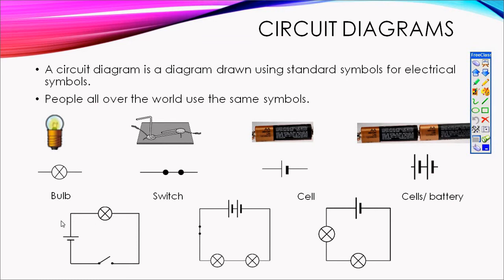So just make sure that you see the difference between the kinds of switches here. Okay, so remember now, normally a circuit, if you see the circuit, it will not look like this. But when we draw it with a pencil and a ruler in this shape, it is neat.